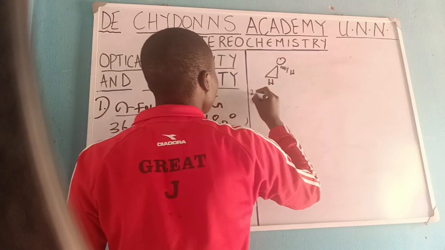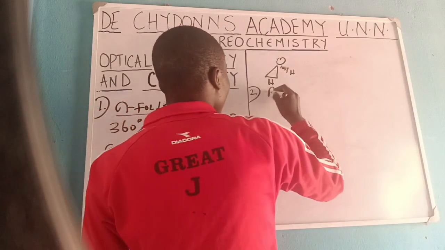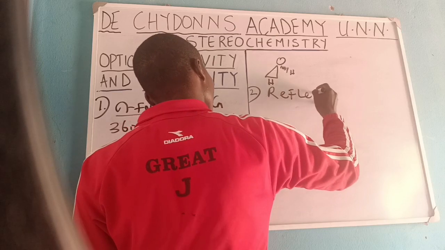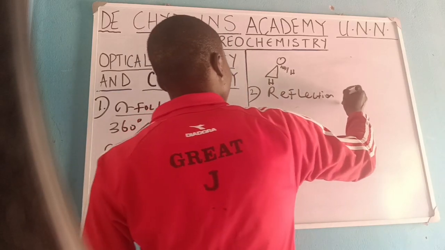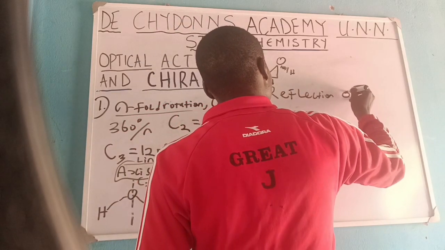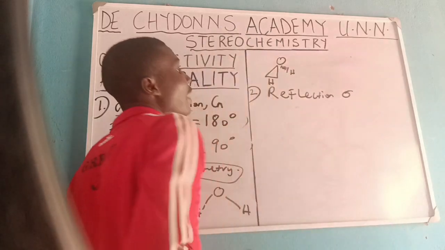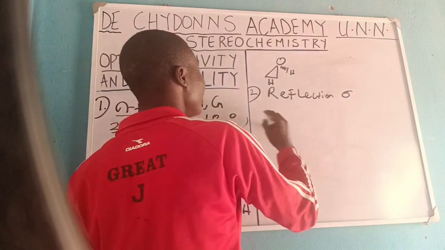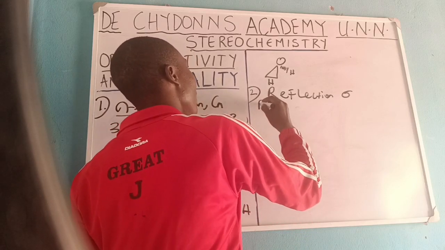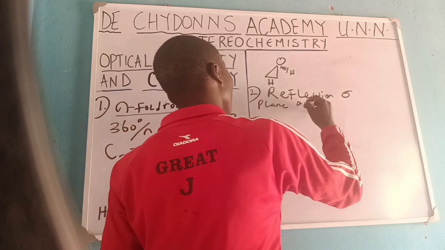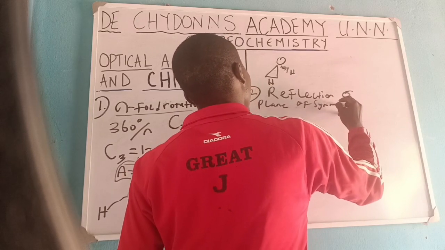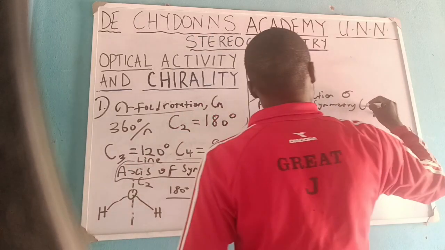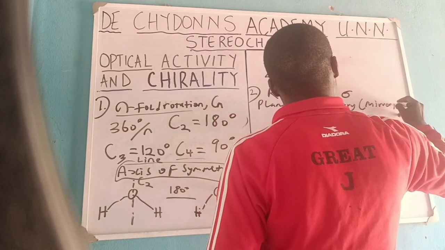Now the second symmetry element we're going to talk about is reflection. And reflection is represented as sigma. And then reflection actually works with the elements of symmetry referred to as plane of symmetry. And we also call that mirror plane.